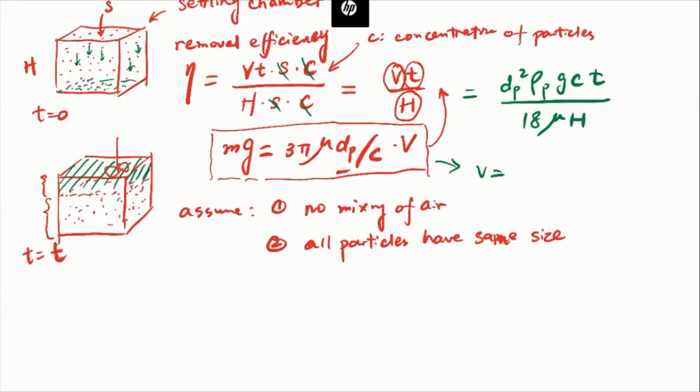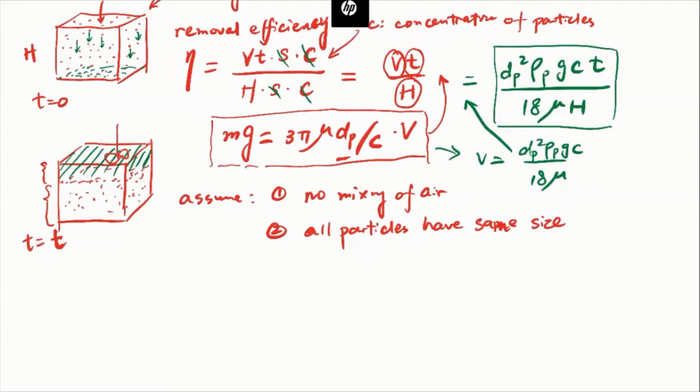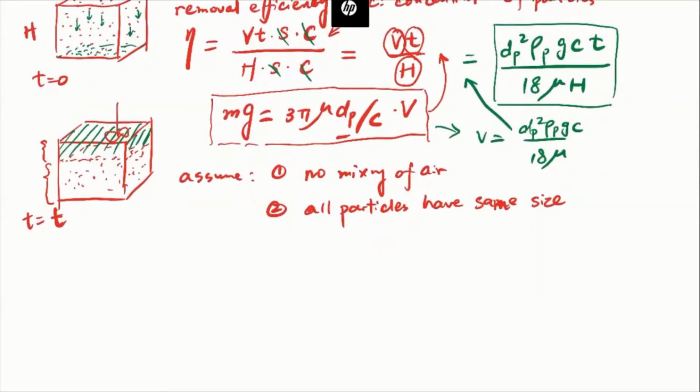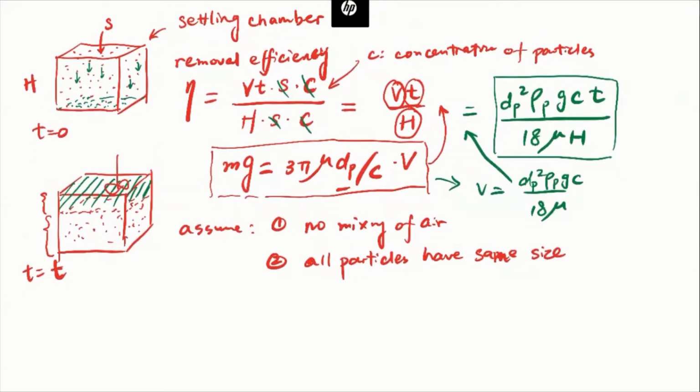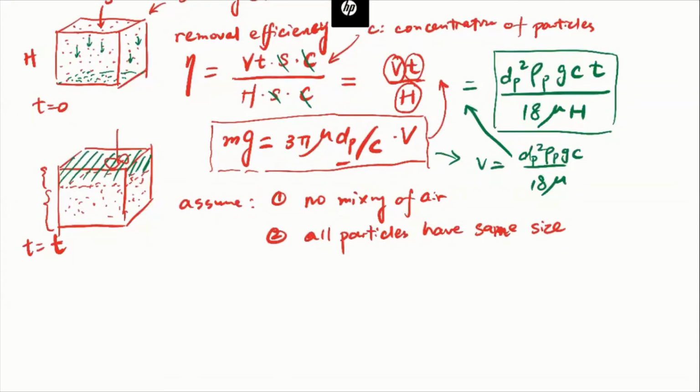We mentioned the settling velocity is dp squared rho p g c divided by 18 mu, so we plug this in to get this final equation here. This is the complete form of this settling chamber problem. When calculating the removal efficiency, assuming there is no mixing of air and all the particles have the same size dp, we can use this equation to calculate the removal efficiency.